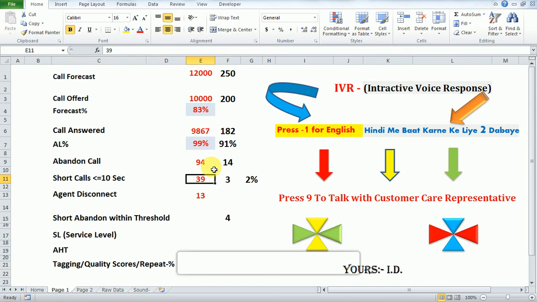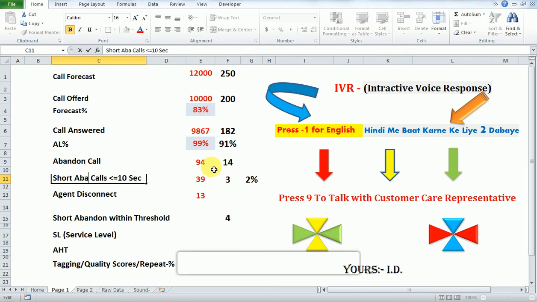It may be according to the company, like 5 seconds or 10 seconds, according to the company terms and conditions. So these are the short abandoned calls. There is also another option, like short calls. So what are short calls? Short calls mean the calls which have been disconnected.